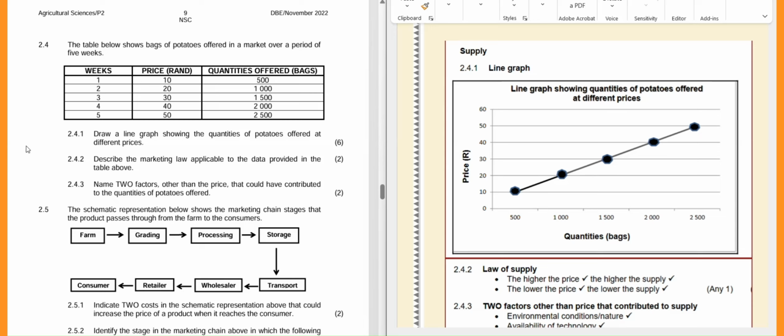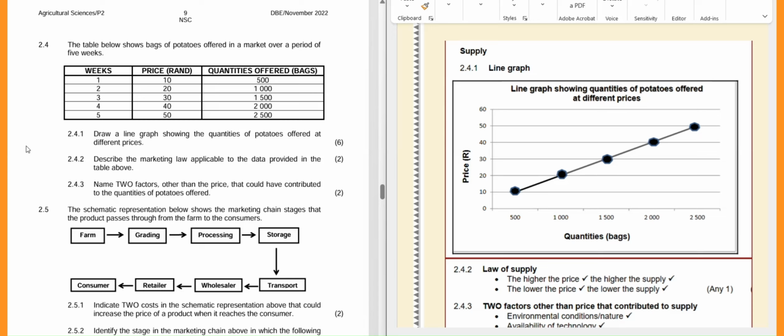If they don't want to say supplied, they can say offered, or available in the market, at different prices. That's the language of business, the marketing language. So for the line graph, we're expecting to see a supply curve.